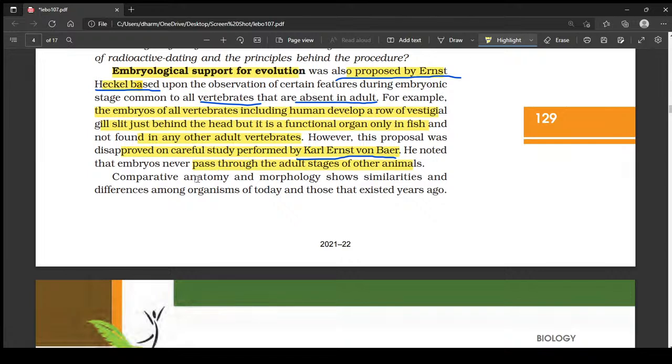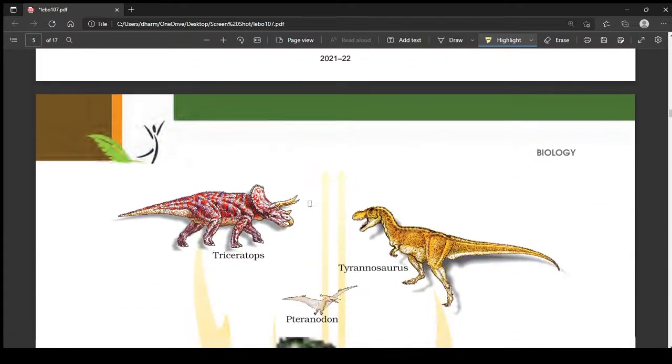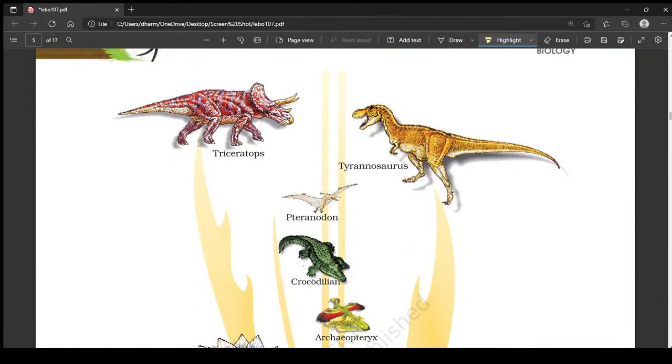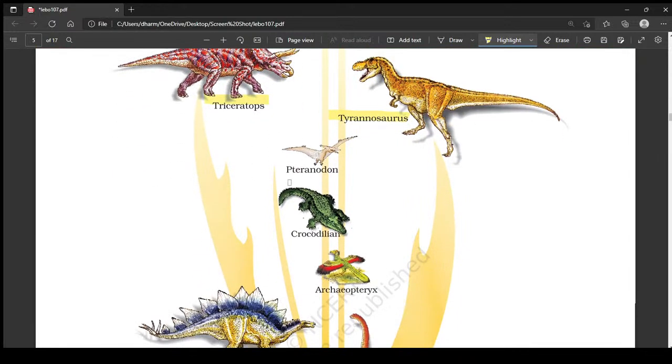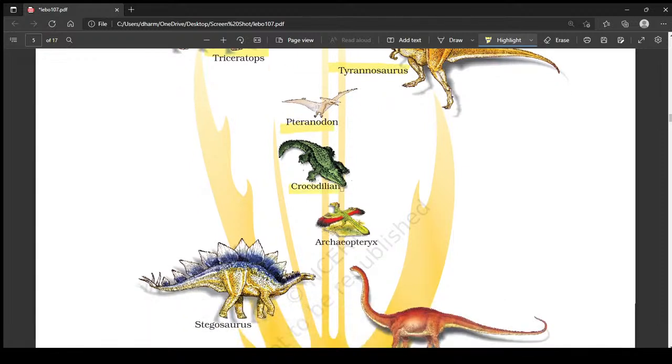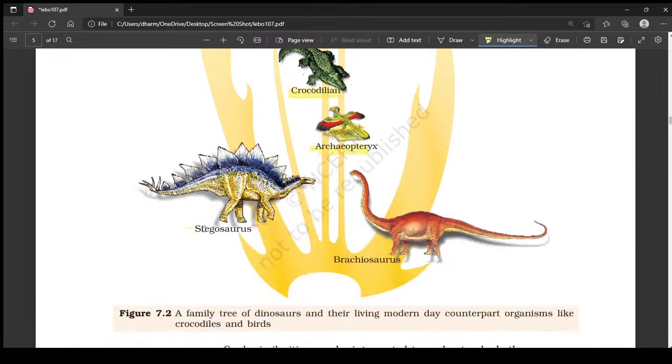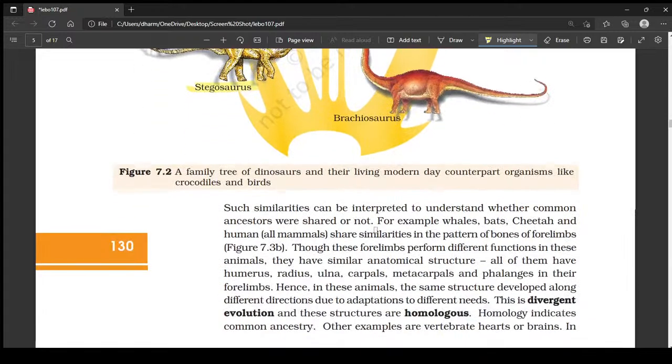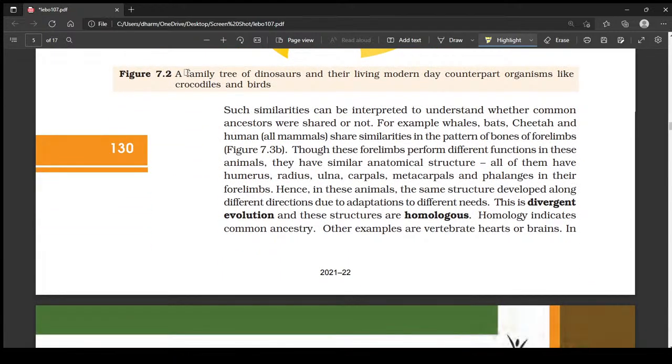Comparative anatomy and morphology show similarities and differences among organisms of today and those that existed years ago. Here is a family tree of dinosaurs and their living modern-day counterpart organisms like crocodiles and birds. Such similarities can be interpreted to understand whether common ancestors were shared or not.